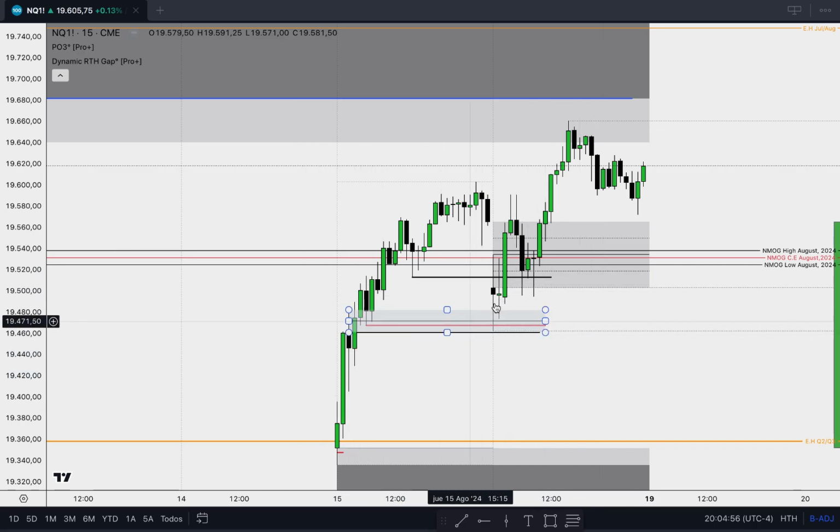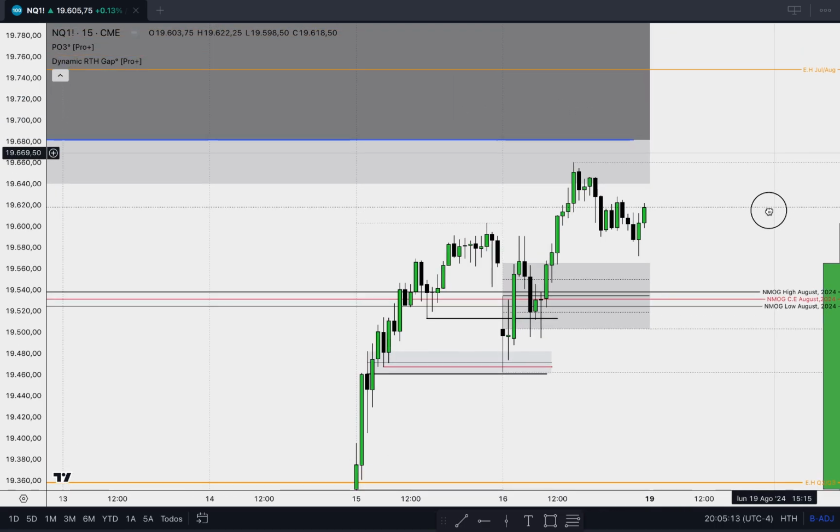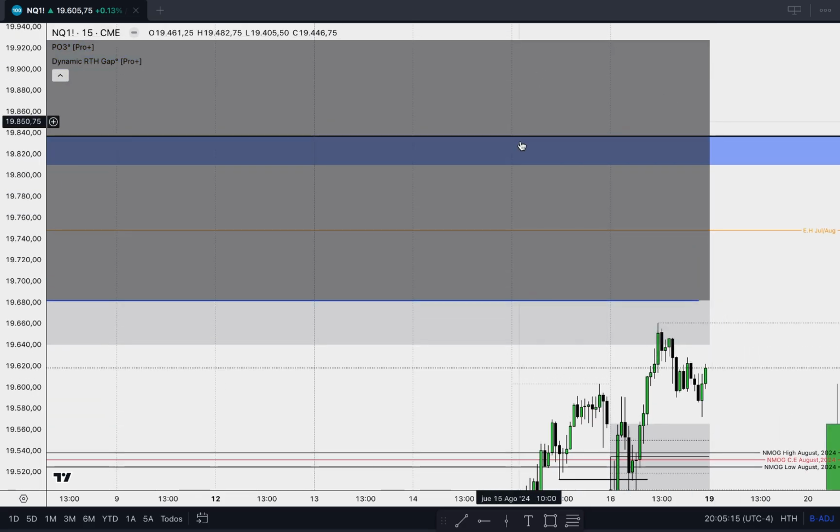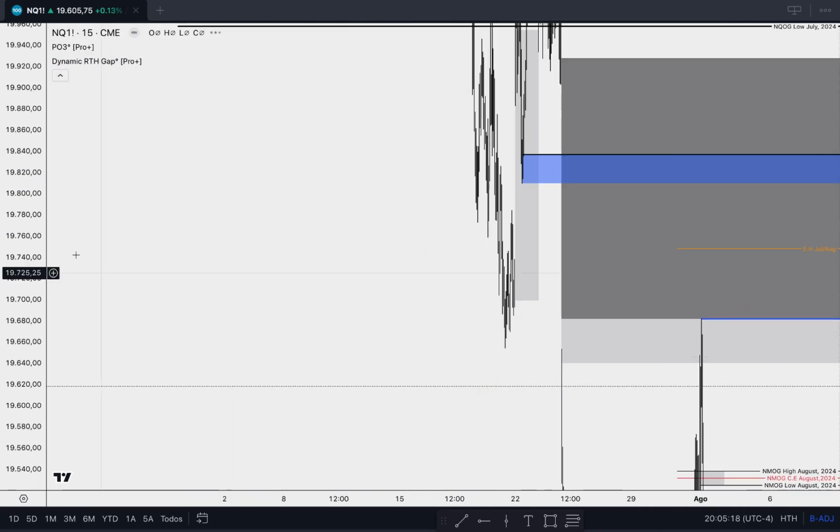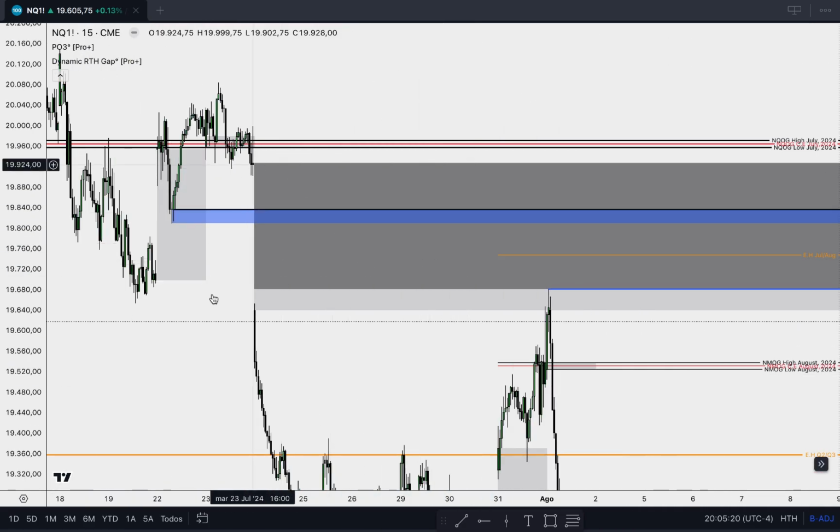So you look to reach a discount array and look at least to close the gap. You don't need to take this high. You can target this and the high time frame gap above the marketplace, this gap that is open, all this area is open here.